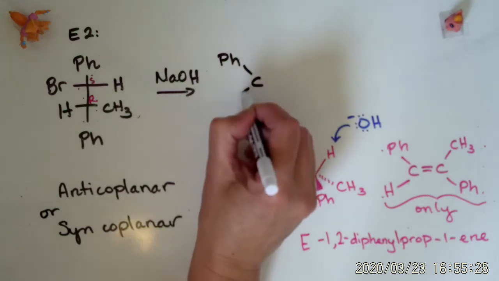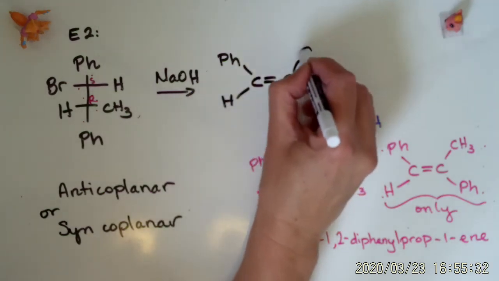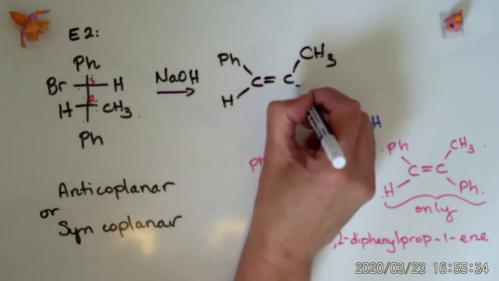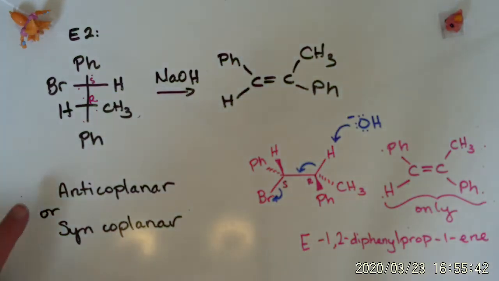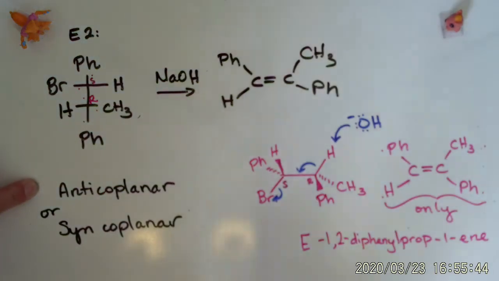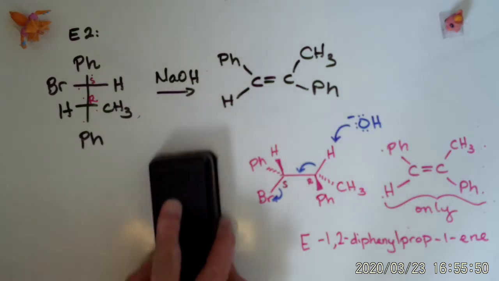If we take a look at the Newman projection, because we need the requirement of it being coplanar, in most cases it's going to be anti-coplanar. Under very special circumstances, if it's syn-coplanar, then you can still get an E2.